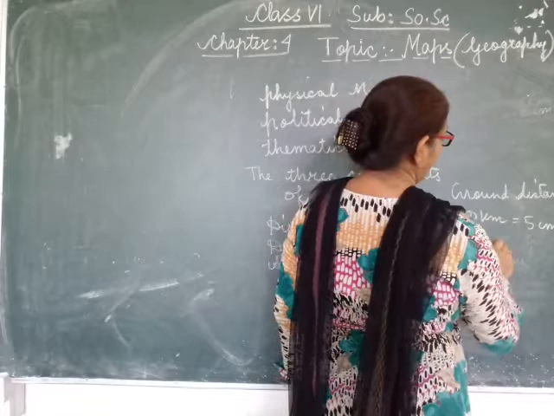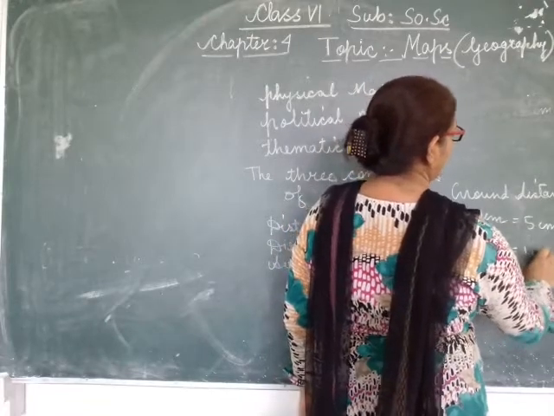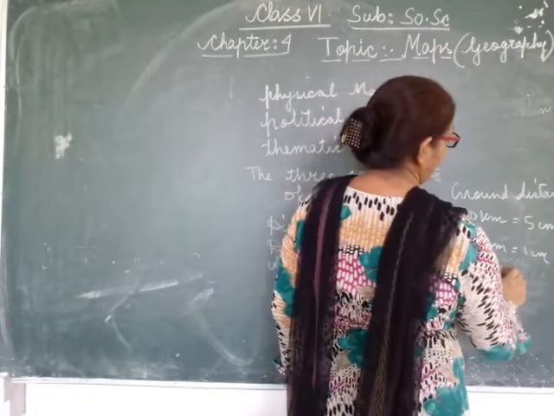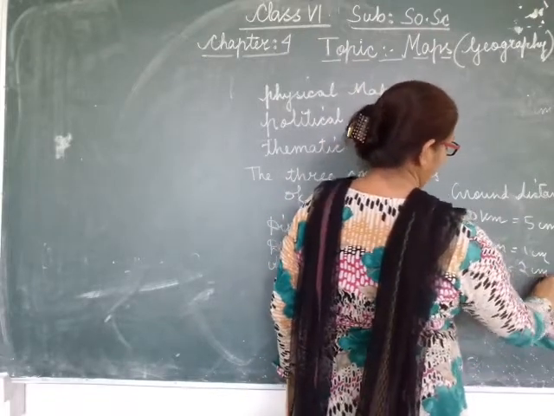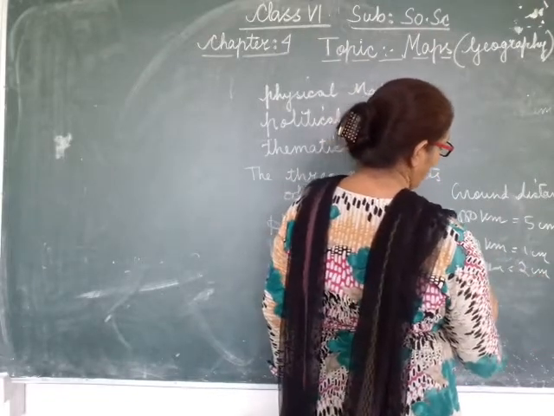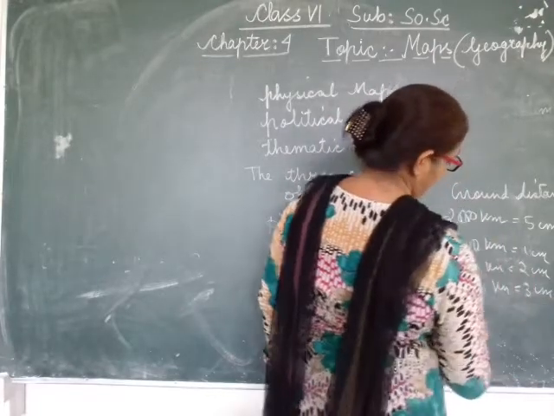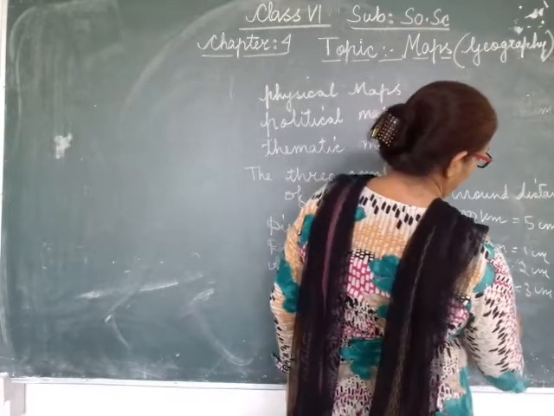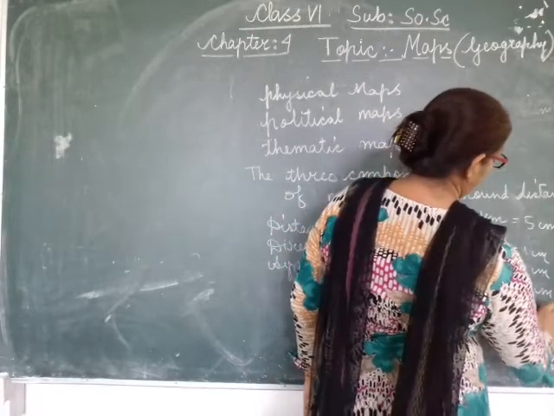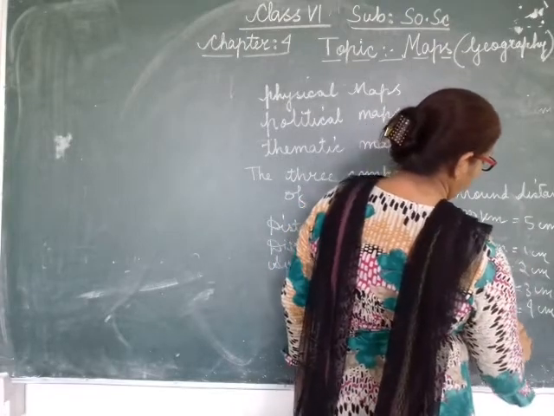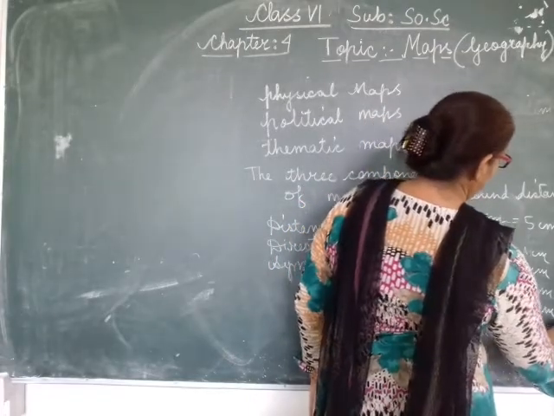400 kilometer equal to 1 centimeter. Then 800 kilometer will be 2 centimeter. Then 1200 kilometer will be 3 centimeter. Then 1600 kilometer will be 4 centimeter and 2000 kilometer will be 5 centimeter.